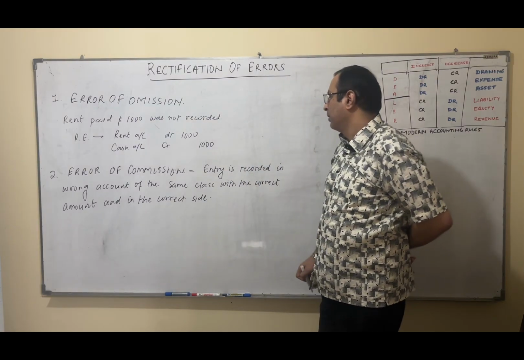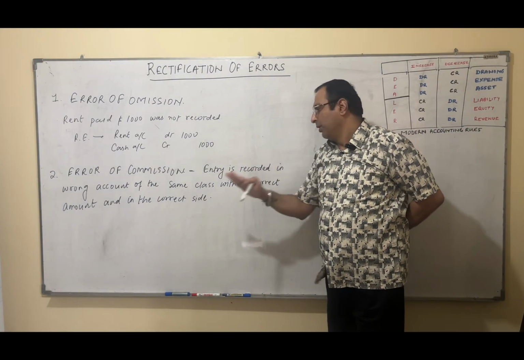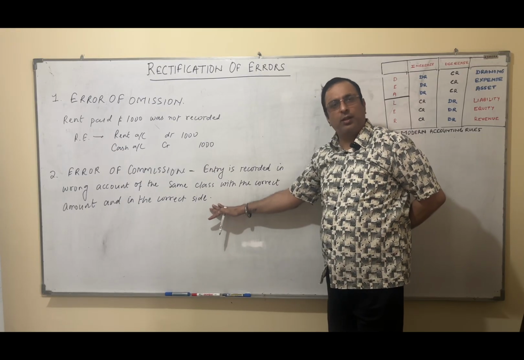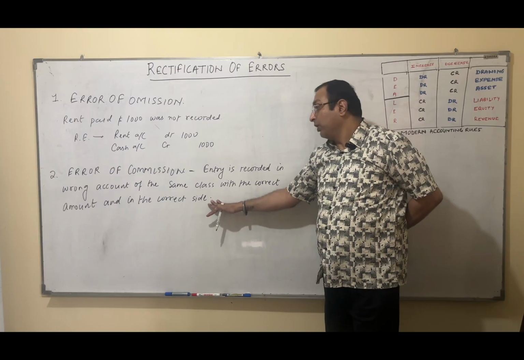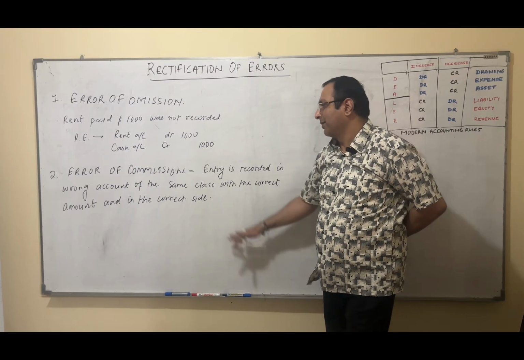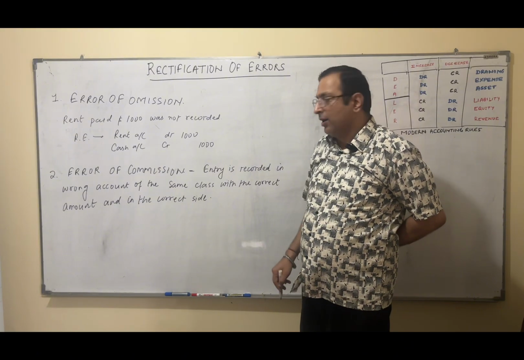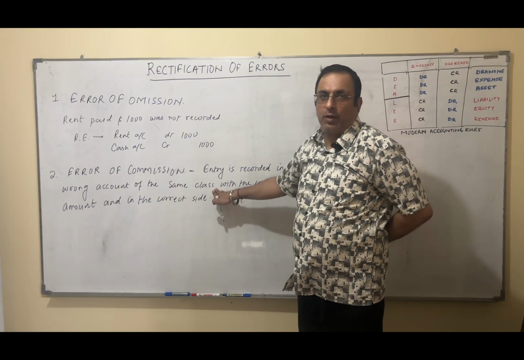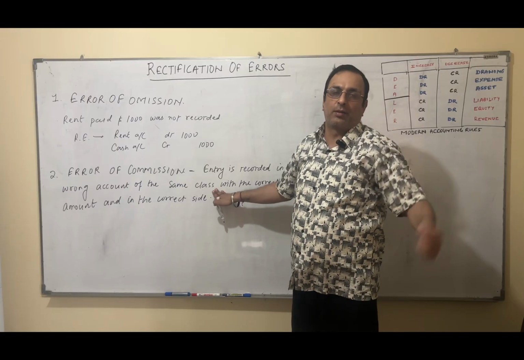That means there is no mistake in the amount. Amount is correct. Side, if it has to be debit, it is debit. If it has to be credit, it's credit. The only mistake is in the account, right? Class is also the same. If we are talking about expense, it's in expense, but some other expense.